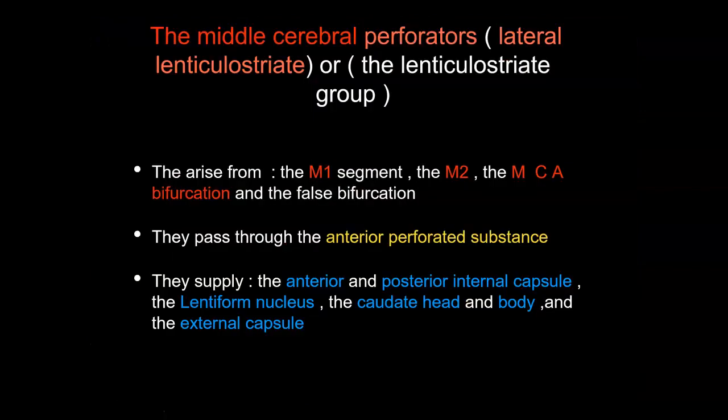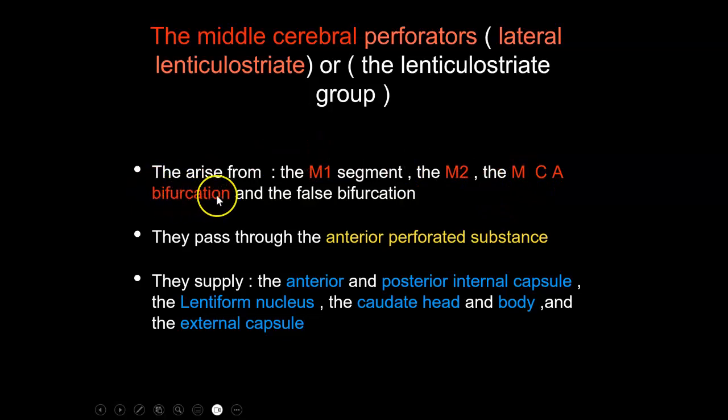The middle cerebral perforators, as we said, it is accepted to say that they are the lateral lenticulostriate group. They arise from the M1 segment, from the M2 segment, and from the genu, the middle cerebral artery bifurcation.